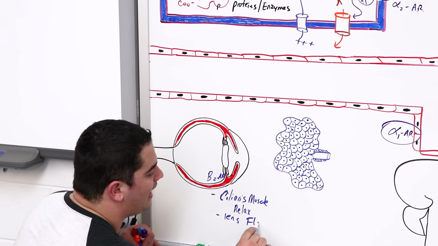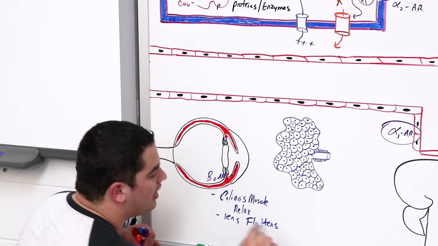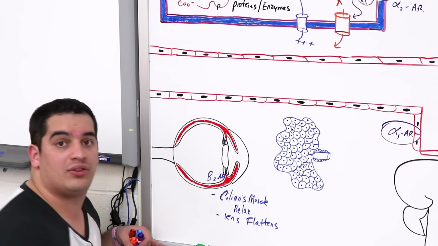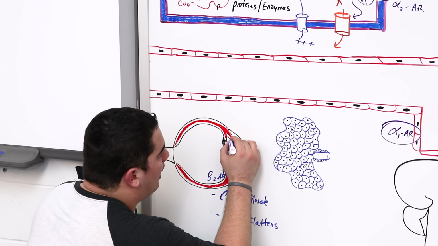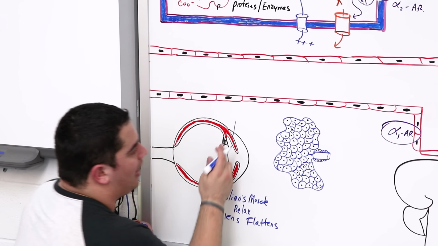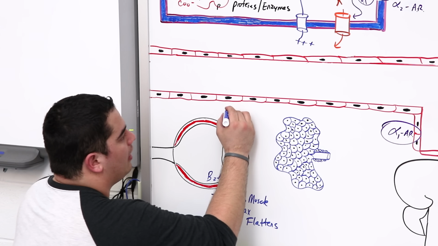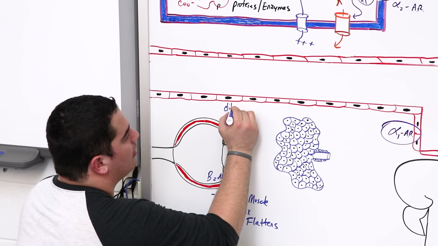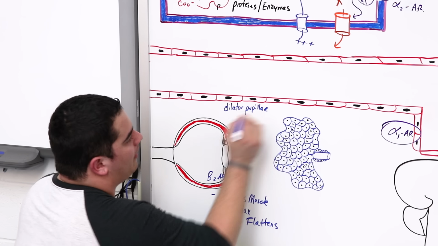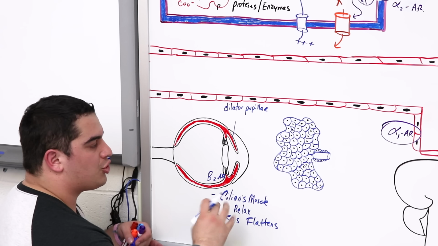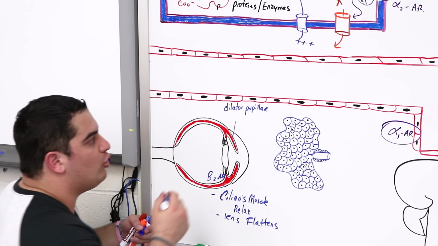And if the lens flattens, that's going to allow the vision to be set for far away objects. Next thing, what about this muscle? The muscle around the iris is called the dilator pupillae. This muscle, if it contracts, opens up the pupil hole.